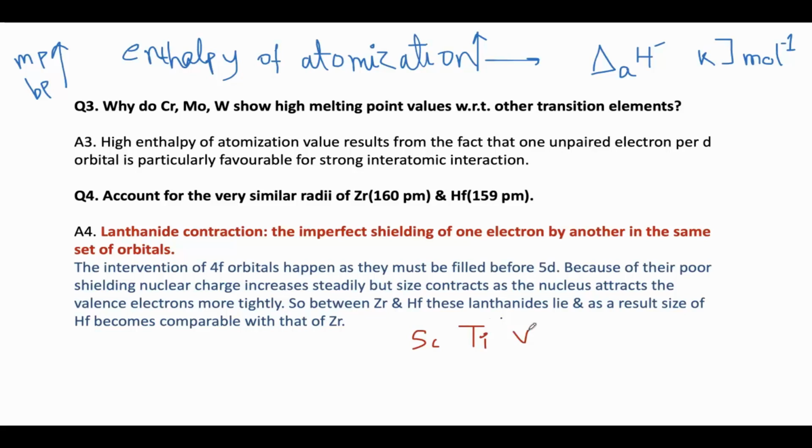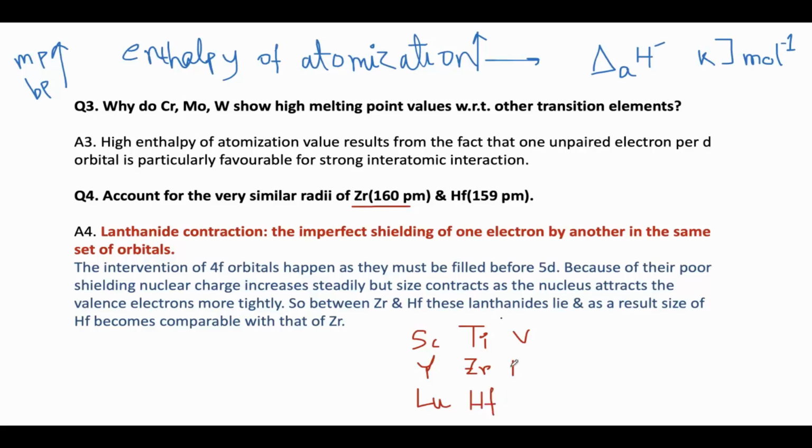Below scandium, we have yttrium. And below yttrium, we have lutetium. Now, coming to the titanium group, below titanium we have zirconium, which is the one in the question. It has an atomic radius of 160 picometer. And below zirconium, we have hafnium.